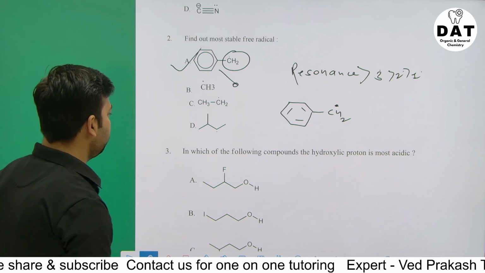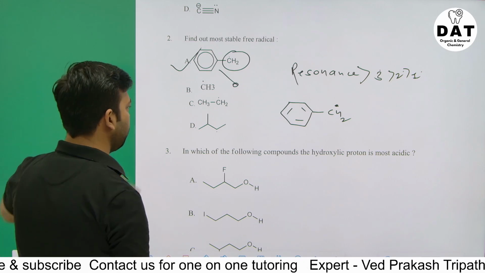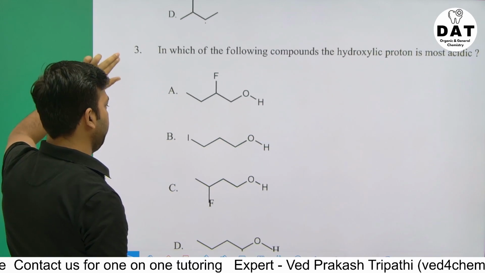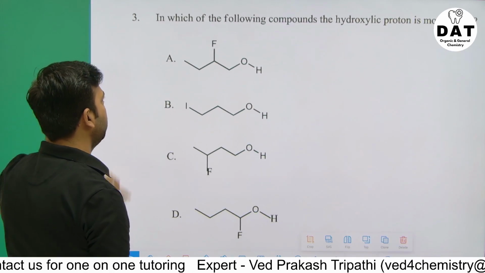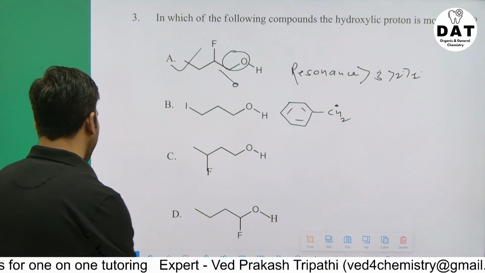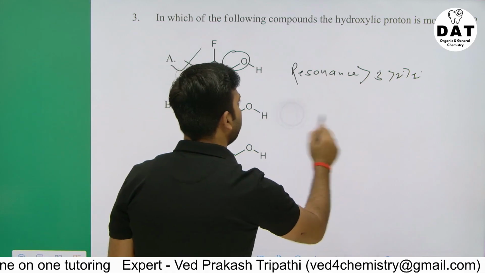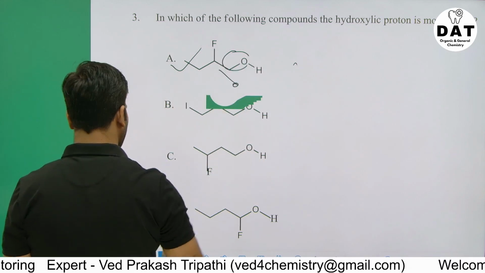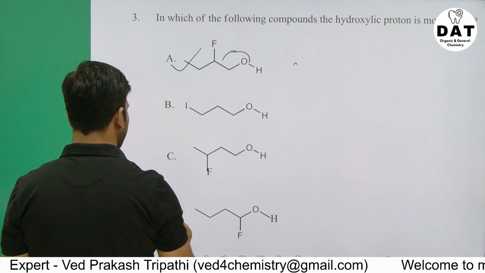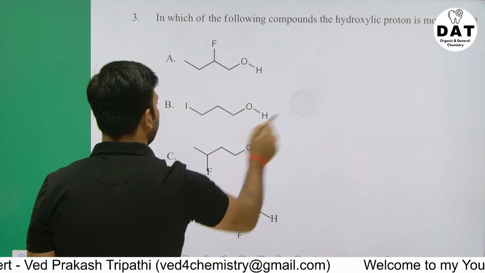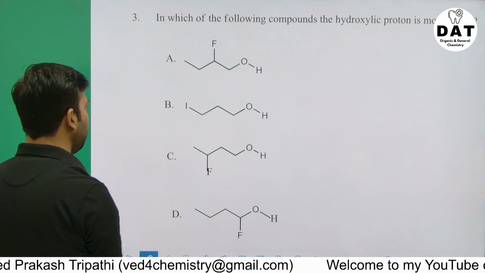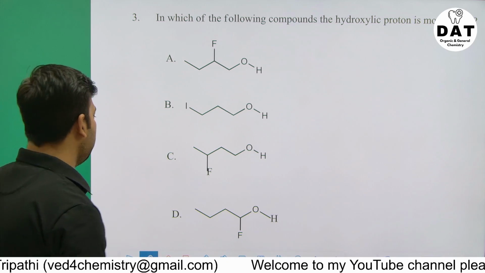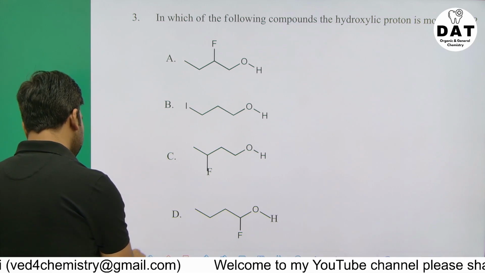Now the next is question 3. Which of the following compounds has the most acidic hydroxyl group proton? So look at the acidic strength.